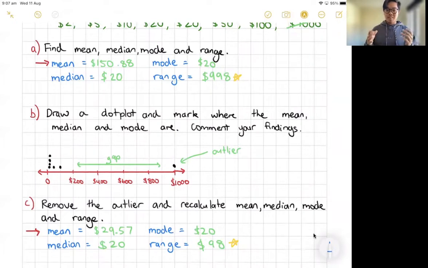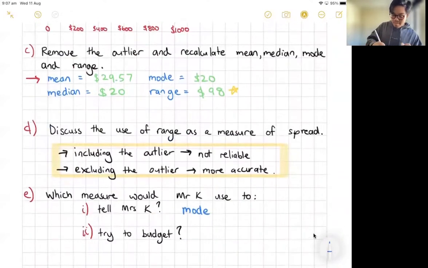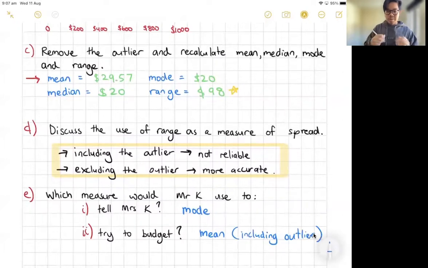Even if I don't spend it, then I'll have extra to buy later. So I'm probably going to use the mean, and I'm going to use the one that's including the outlier, so it accounts for when I do want to buy maybe another bass or something.